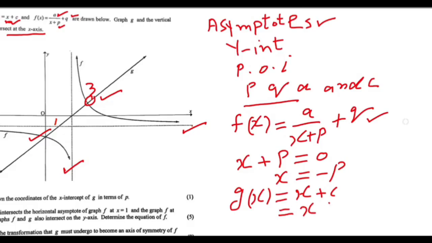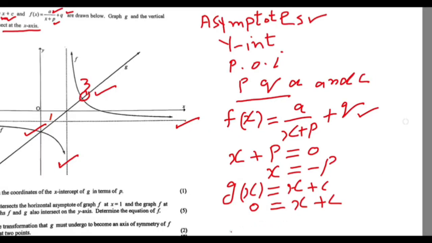So x plus c equals 0, and therefore x is equal to negative c, as the positive c switches over to the other side and becomes negative c. This is x equal to negative p, and this is x equal to negative c. So both are equal to the same thing. We can say negative c is going to be equal to negative p.